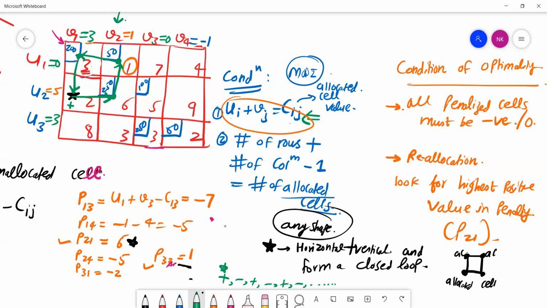I will be giving a positive sign over here. Then the next allocated corner point is this one, so I will be giving a negative sign over here. Then the next is this one, so a positive sign over here. Then the next is this one, so a negative sign over here. Again, this is the positive. Yes, we have reached. So what I am doing is giving alternate positive and negative signs.